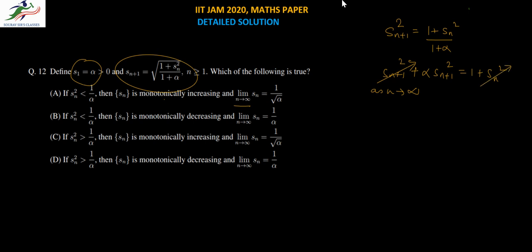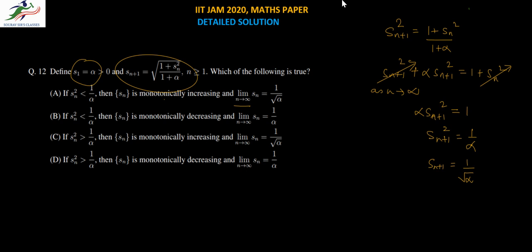So these two would cancel out, and alpha S(n+1) square will tend towards 1. Or in other words, S(n+1) square will tend towards 1 by alpha, or S(n+1) will tend towards 1 by root alpha.